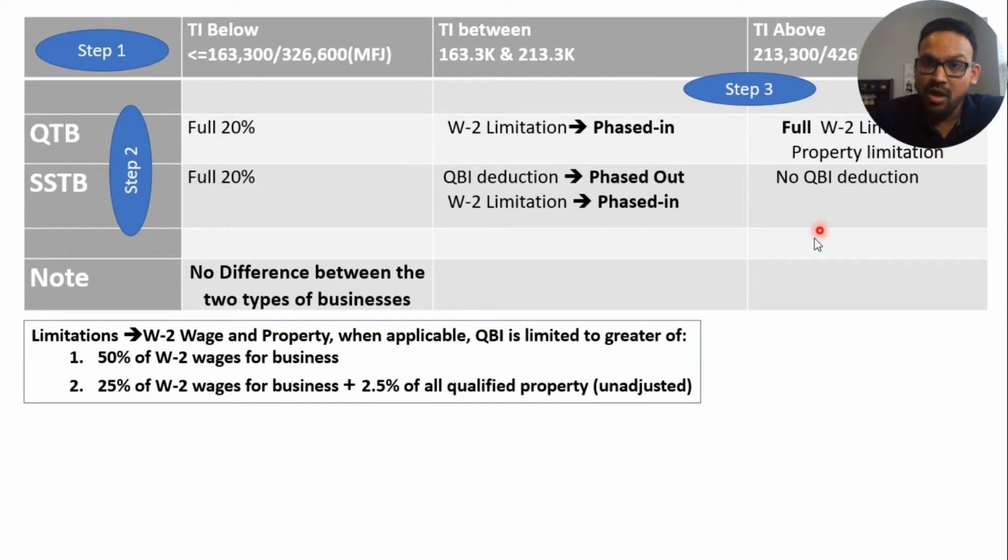And when you are also above 213,300 and 426,600 in married filing jointly, then this limitation will only apply to QTB, because there is no deduction for SSTB.